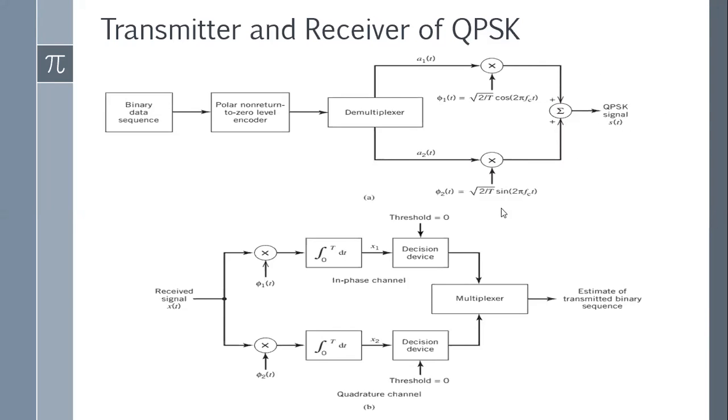When you have transmitted it, I will now be receiving this QPSK signal x(t), which contains noise in it. To recover it, I will send the same signal, x(t), to both multipliers, where we multiply phi1(t) with x(t) and phi2(t) with x(t).